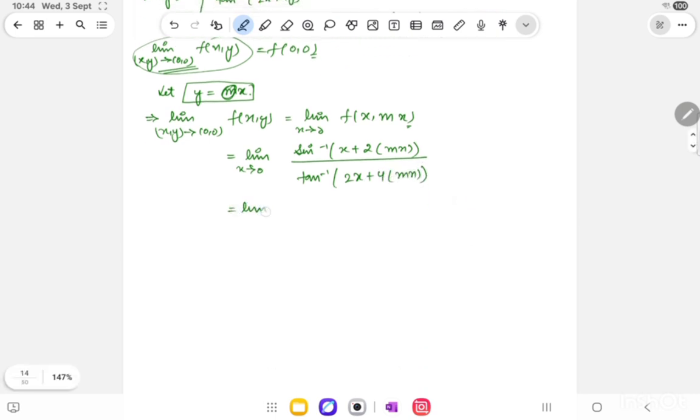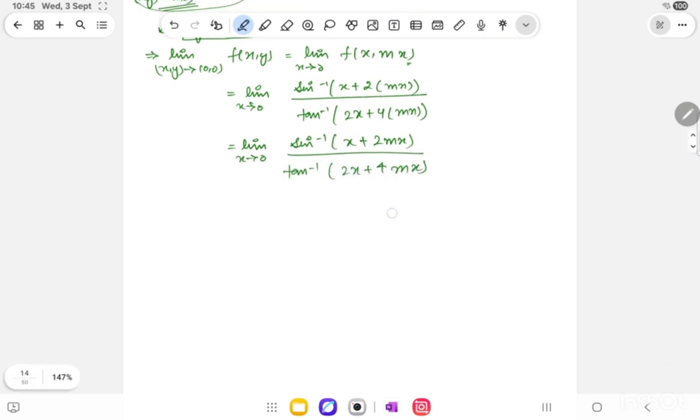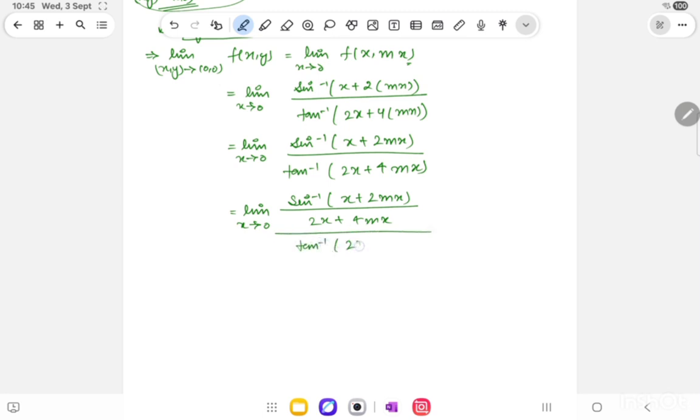This is equal to the limit as x approaches 0 of sin inverse of (x + 2mx) divided by tan inverse of (2x + 4mx), and this is equal to the limit as x approaches 0 of sin inverse of (x + 2mx) divided by (2x + 4mx), upon tan inverse of (2x + 4mx) divided by (2x + 4mx).